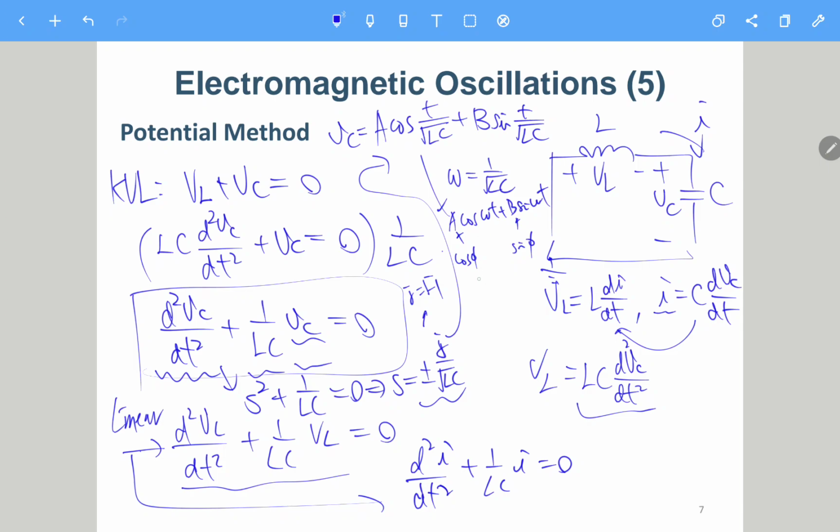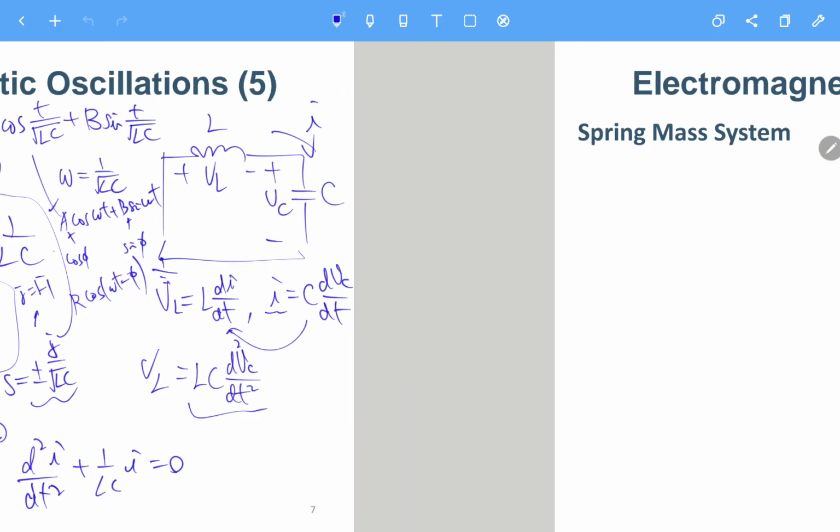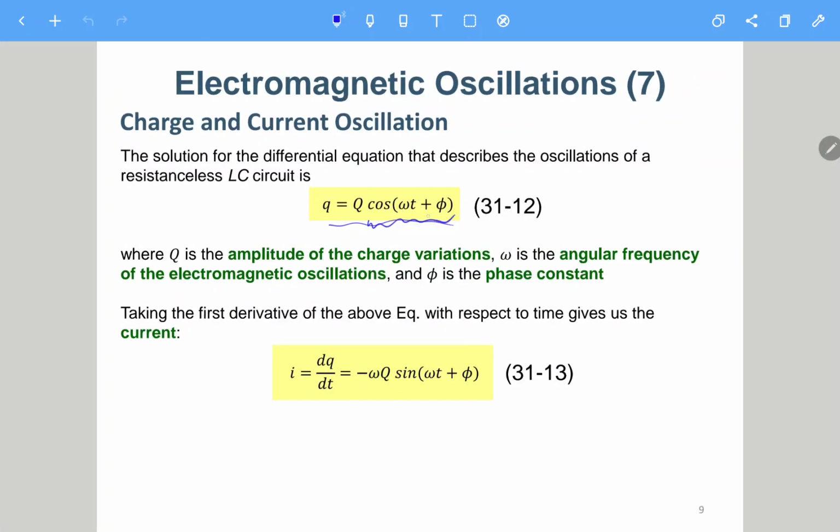Then it can be like A cosine of omega t minus phi. It doesn't really matter whether it is a plus or a minus sign. So they are the same thing, and that's why the solution looks like this.